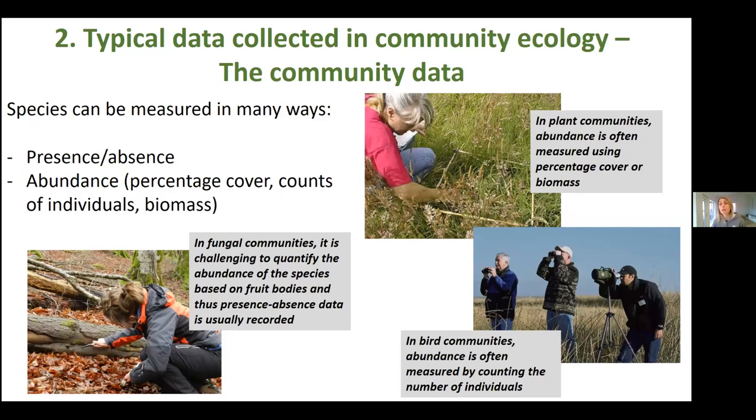For example, in plant communities, the abundance is often measured using percentage cover or the biomass of the species. In bird communities, the abundance of the birds is measured by counting the individuals. And in fungal communities, it is quite challenging to identify the abundance of the species based on the fruit bodies, and therefore we often record rather the presence-absence of the species as fruit bodies.